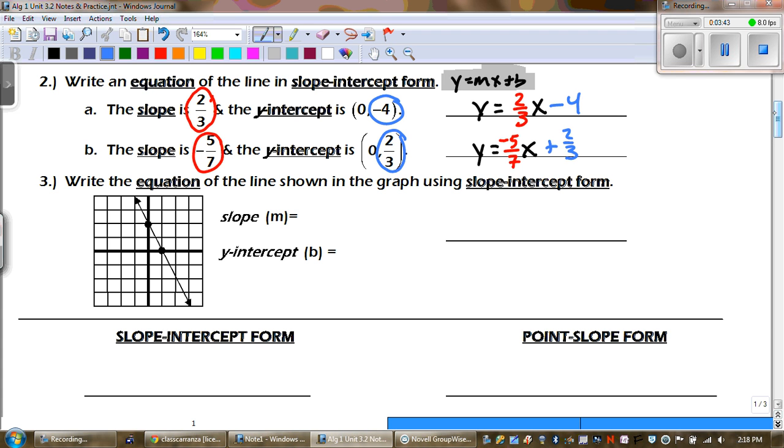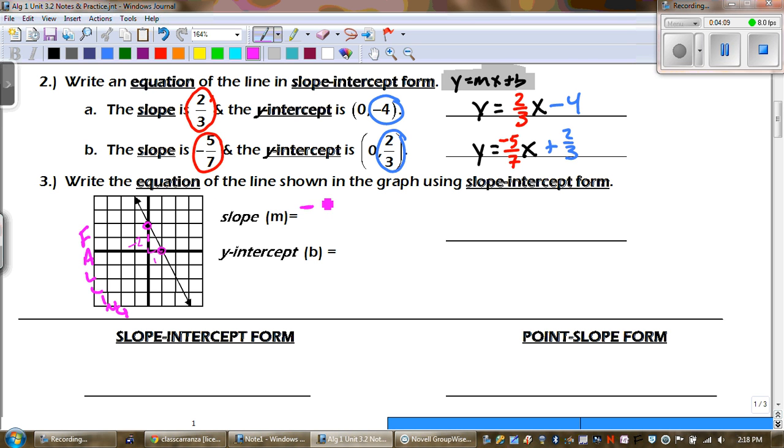All right, now the last one. It says write the equation of the line shown in the graph using slope-intercept form. So the first thing I'm going to notice right away is that this is falling. So I know for a fact my slope's going to be negative. This is where I start and this is where I end. I go down 2 to the right 1.